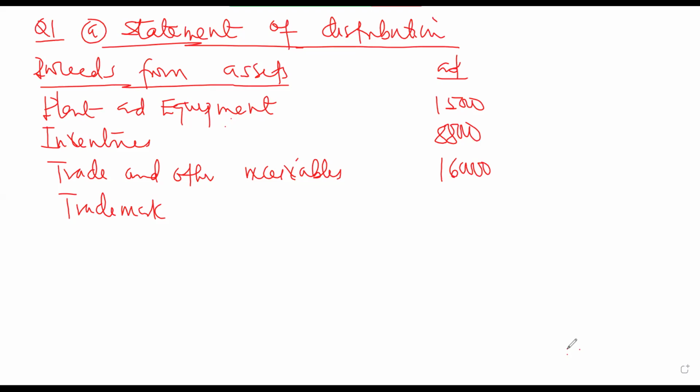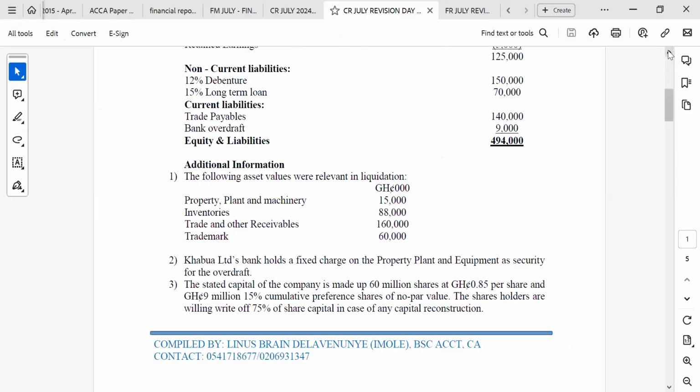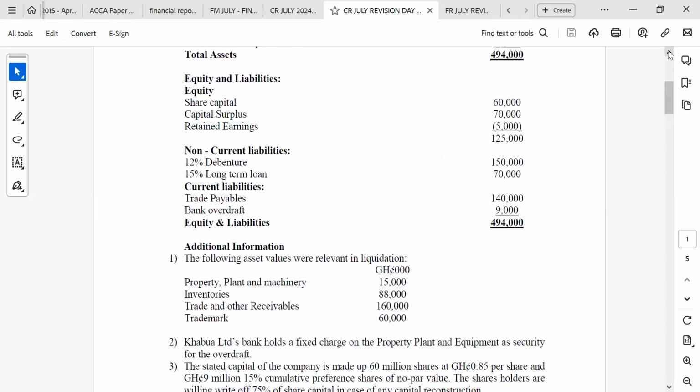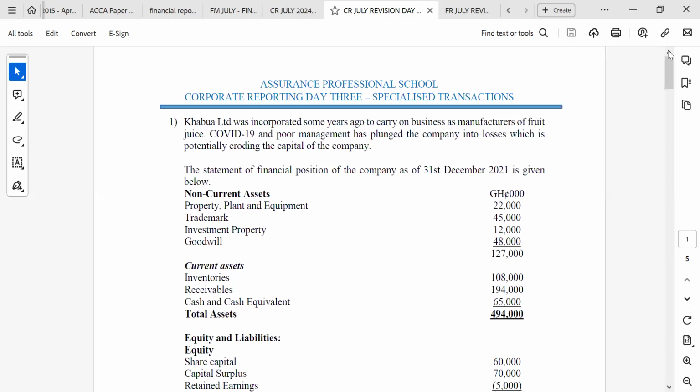Unless they say that it will be sold for a particular amount, we ignore the intangible assets. If you are not given any value, just ignore. So trademark is what? 60,000. We have to be reading carefully because we have more than those assets. Trademark is 60,000.